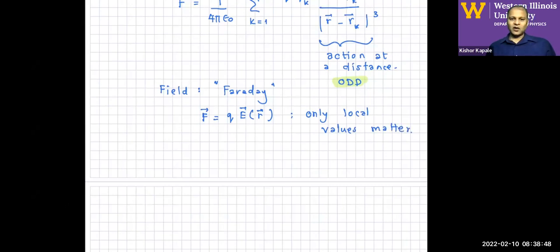For example, Earth doesn't care whether the sun is there or not. What it cares about is the gravitational field at its location, and it just responds to that. And Einstein, of course, took this idea even further. He said space itself is deformed, so Earth doesn't even have to worry about a gravitational field, so to speak. It is just moving in a deformed space, and so it just follows that.